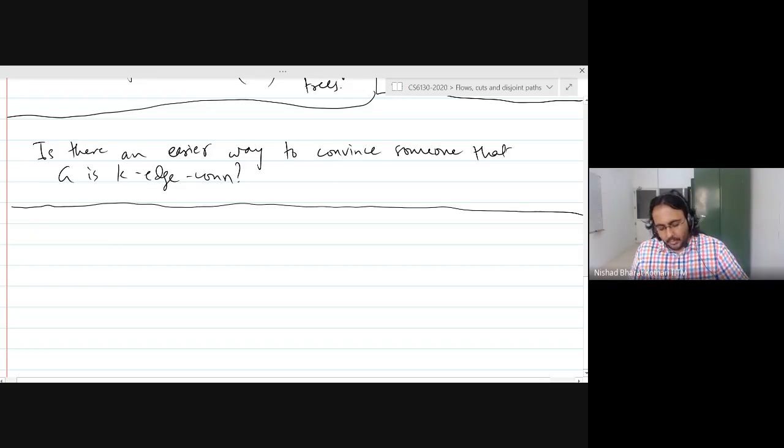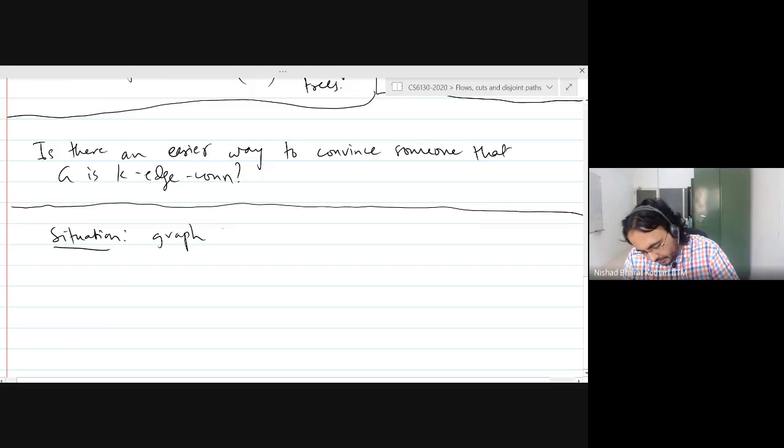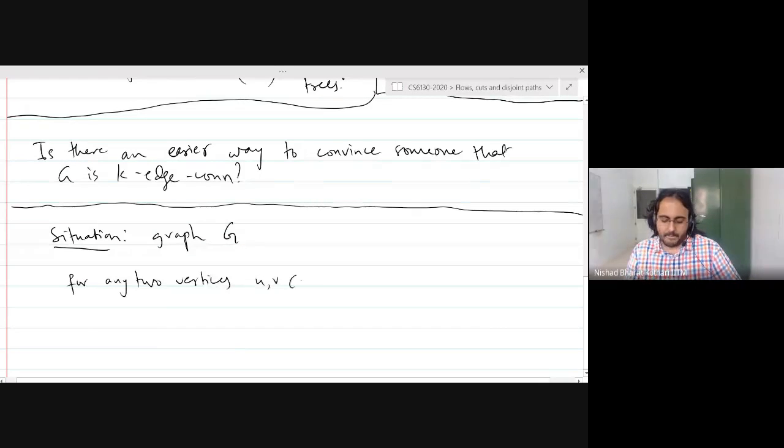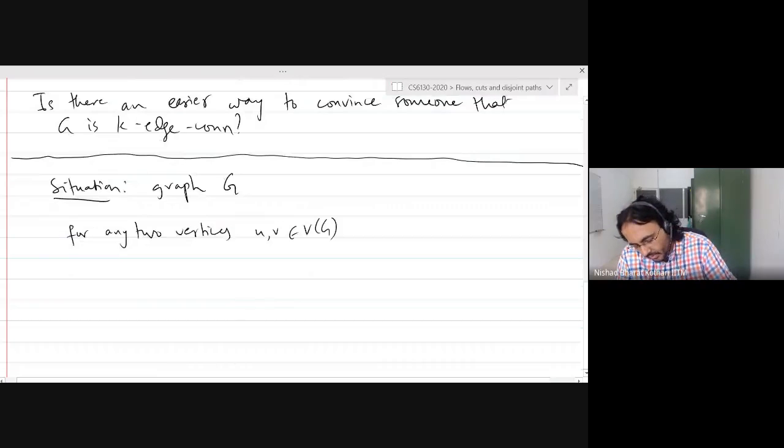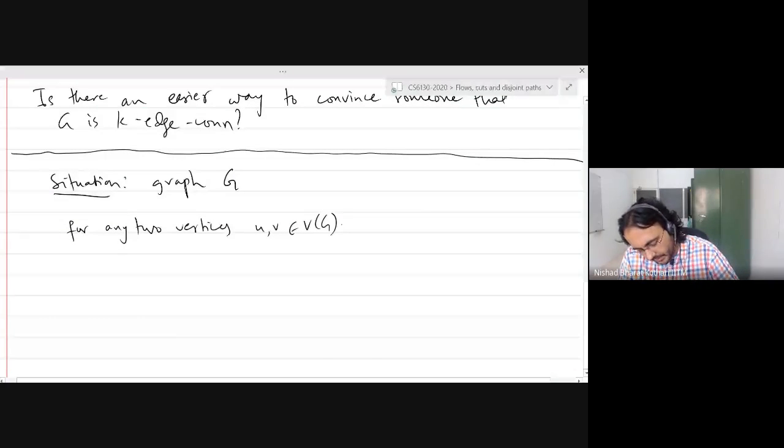Okay, so now let me give you a situation. Supposing I give you a graph G and I tell you that between any two vertices, for any two vertices U and V, there exist k edge disjoint.